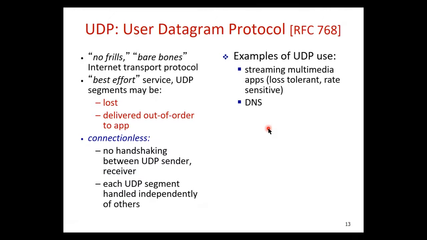So it's a short query, a short message. And then the reply comes back. It's also a short reply, just an IP address, essentially. And then we're done. So this is a good example where it may be a good idea to use UDP. You don't want to incur the cost or complexity of TCP.